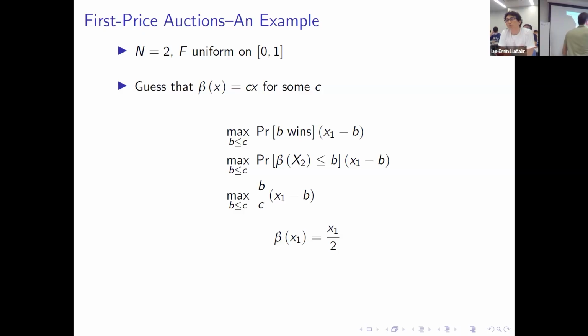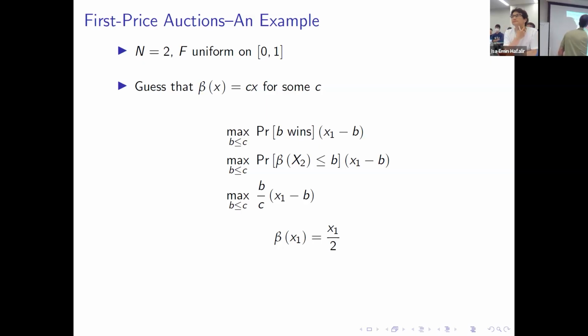This is the maximization that bidder 1 will do. Bidder 1 will choose some b in order to maximize the probability of winning times, in the case of winning, the utility x1 minus b. The probability of winning with a bid of b is the probability that beta of X2, the random variable that denotes bidder 2's value, is smaller than b.